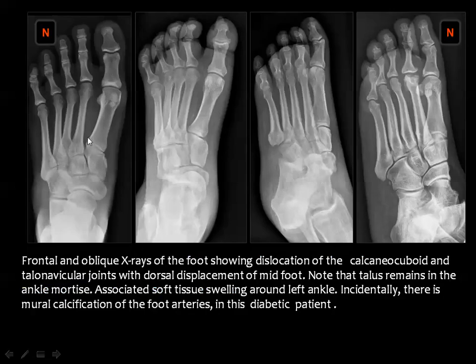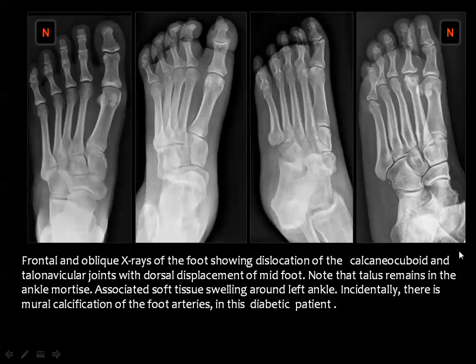Then look carefully at this normal frontal view of the foot, and this is the injury. This is the normal oblique view, and this is the oblique view of the injury. If you want to recognize this type of injury, look at the relation between the talus and the navicular bone. This is the talus and this is the navicular bone in a normal condition. And here you cannot appreciate this relation because this joint has been dislocated.